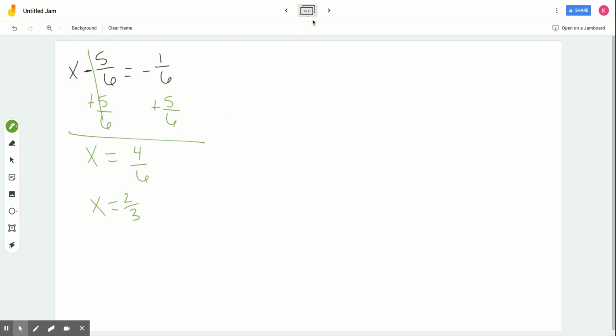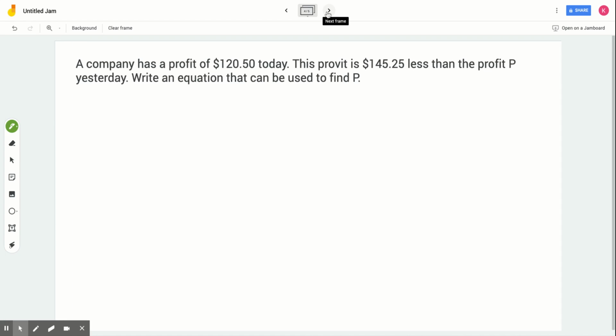Let's take a look at number 4 now. It says a company has a profit of $120.50 today. This profit, spelling error there, this profit is $145.25 less than the profit P of yesterday.